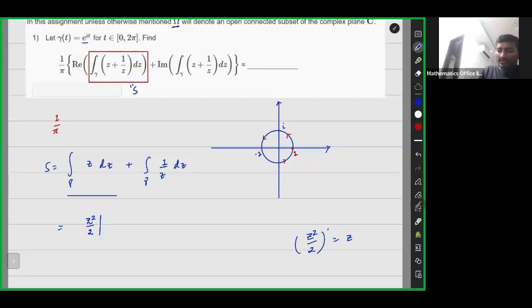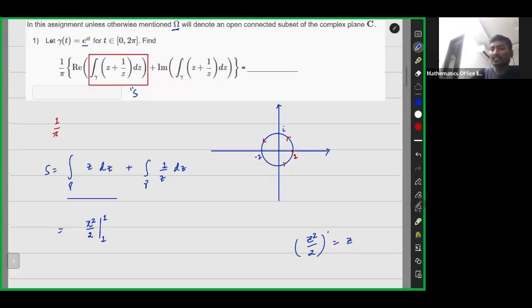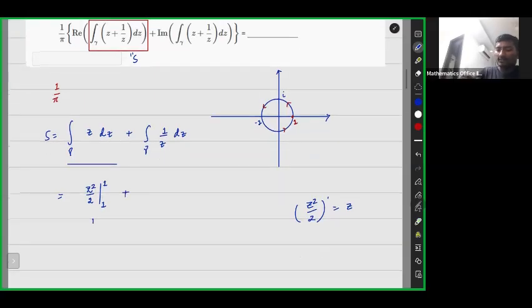Now we just calculate with the endpoints. The curve is closed: the initial point is 1 and the terminal point is also 1. So this will become 1 by 2 minus 1 by 2, and it will become 0.